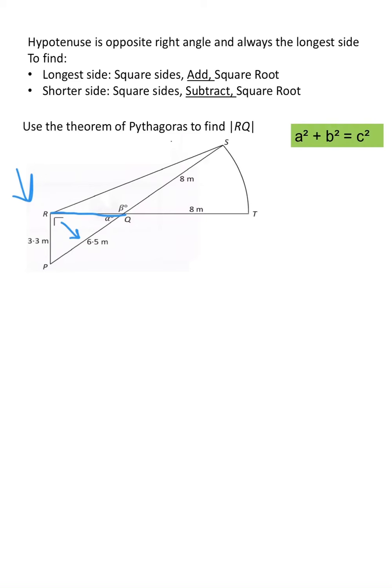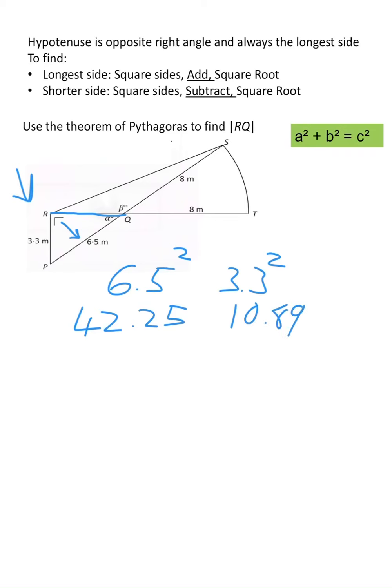Now in that triangle I can see the hypotenuse is 6.5, so that means RQ is one of the shorter sides. So first step, let's square the sides. So I have 42.25 and 10.89. Now let's subtract because it's a shorter side.